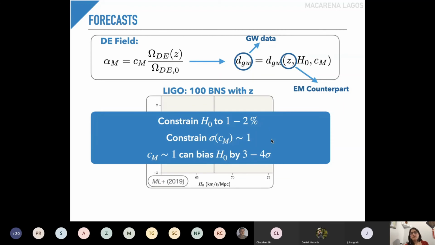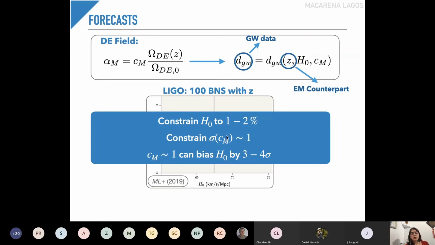Now, more quantitatively, the main results are that with 100 events, you could constrain H naught to 1 to 2% precision. So this becomes comparable to the current constraints on H naught that I actually mentioned during my introduction. The difference is that these constraints are completely new, completely independent from the rest of the other H naught constraints.